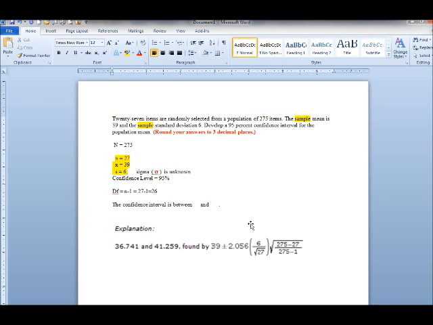Why is that important? Because you have extra error because you didn't know one of the critical pieces of information. You didn't know sigma. You only knew the sample standard deviation. So I hope that helps, but the thing to understand is that sigma was unknown, so we had to use the sample standard deviation, and so we used the T table. I hope this helps.